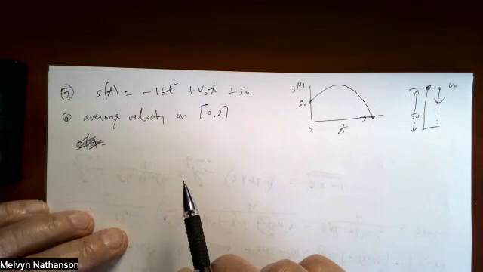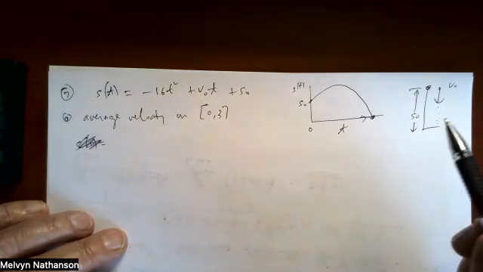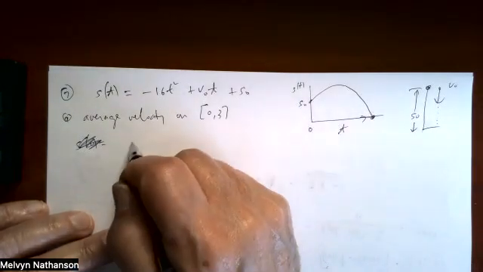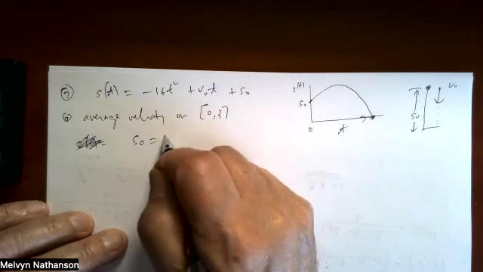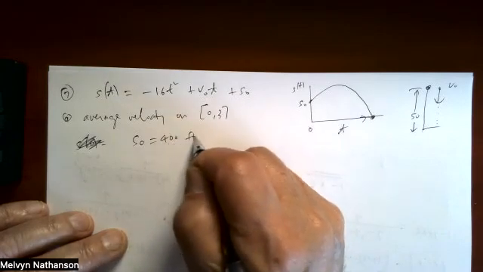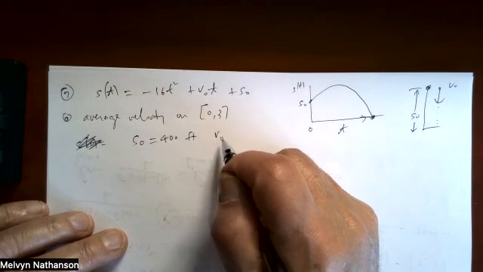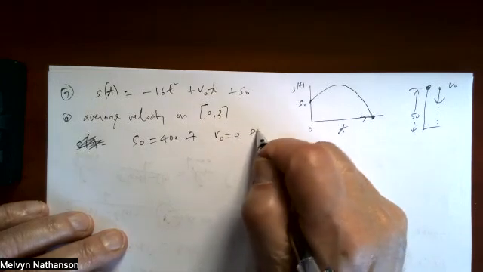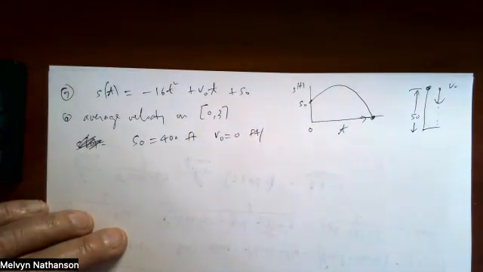And in this particular problem, we're told that the stone is dropped from the top of a building 400 feet tall. So s naught, the initial height, is 400. The units are feet. And the initial velocity is 0 feet per second.